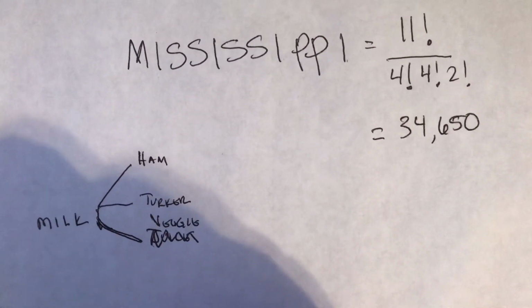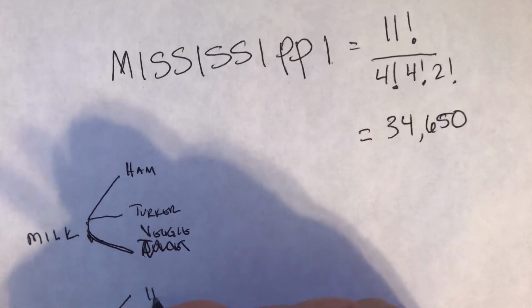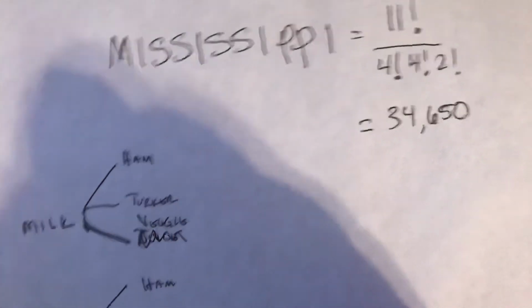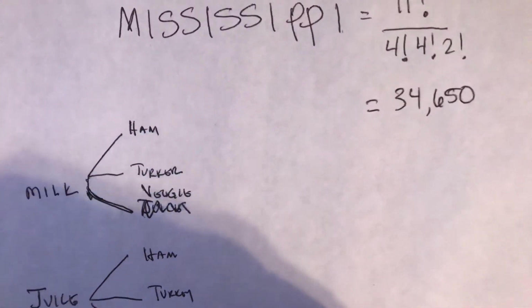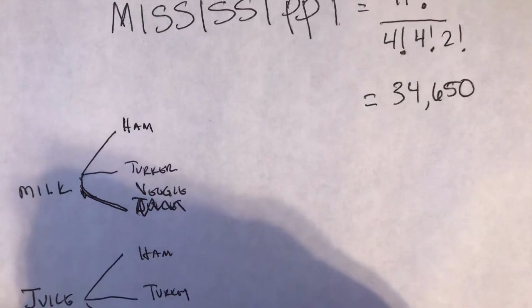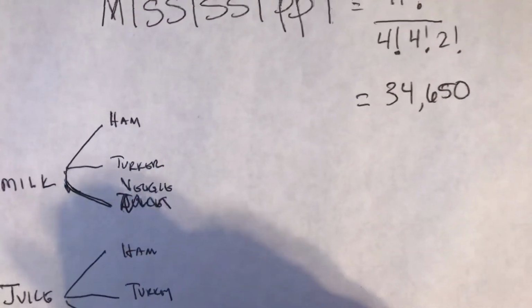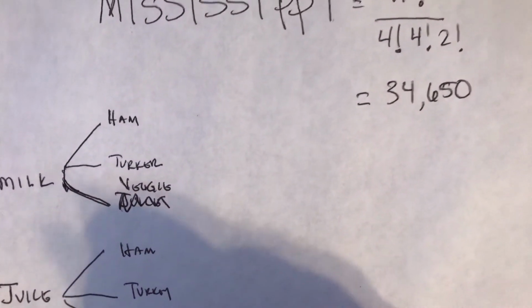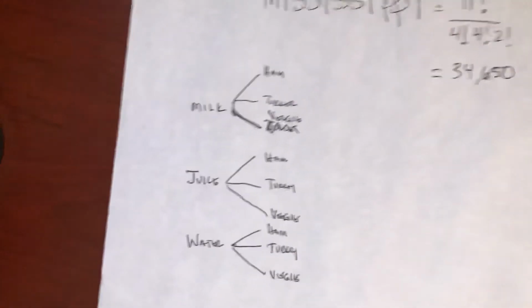Juice. You can have ham, turkey, or veggie. And then with water, you can have ham, turkey, or veggie. That would be the tree diagram.